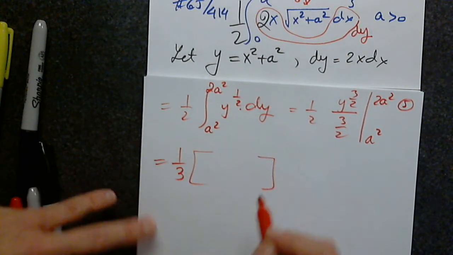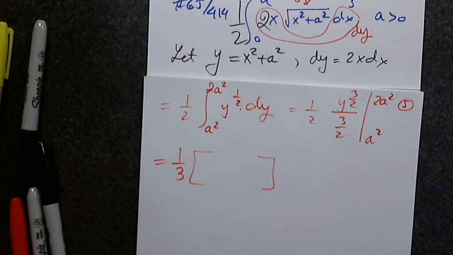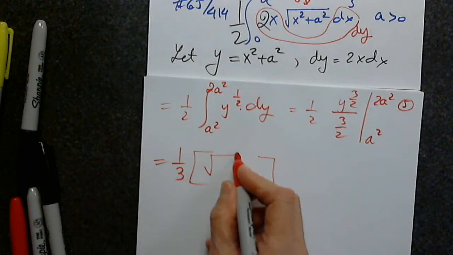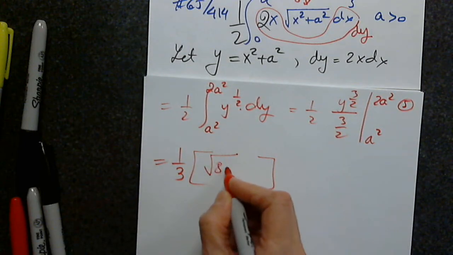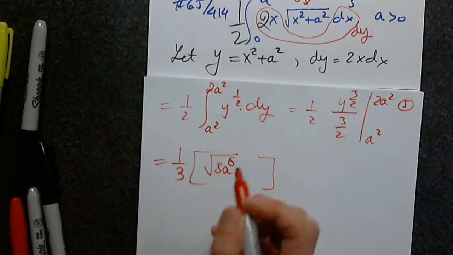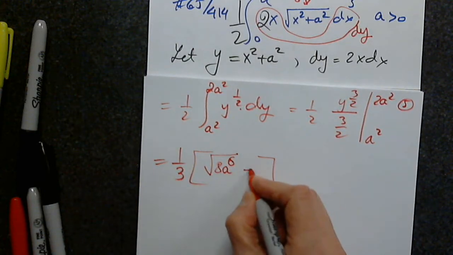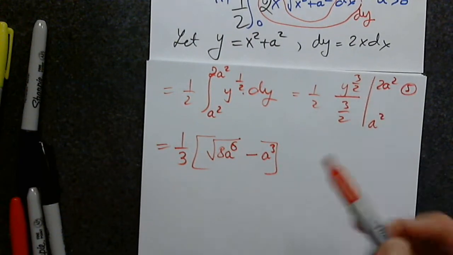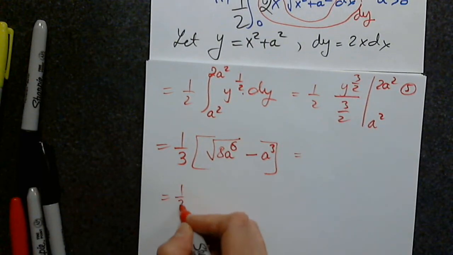And now, when I plug in 2a squared, I have the square root of 8a to the 6th minus a cubed. It is a to the 6th. Yes, it is. Okay, so 1/3.